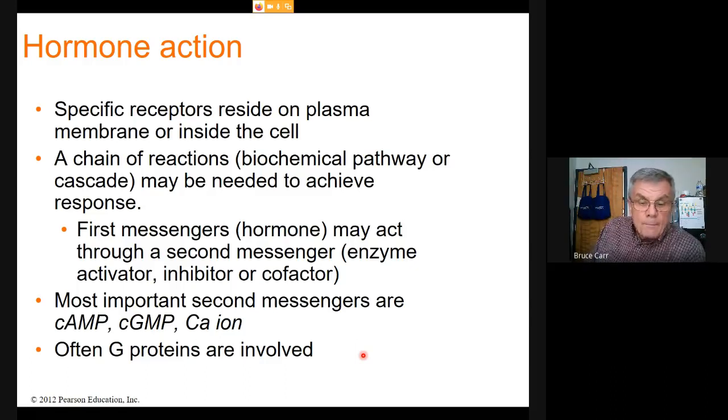Our most important secondary messengers are going to be familiar. Cyclic AMP, which we mentioned before with the nervous system and G proteins, but also cyclic GMP. Do you remember how in the Krebs cycle, we have the production of ATP?